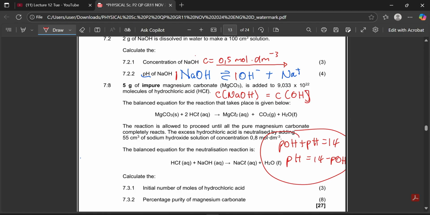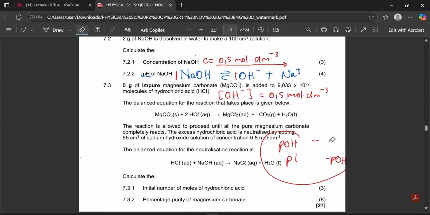Remember, if it was with the number of moles, then you would say that the number of moles of sodium hydroxide equals the number of moles of OH minus. But in this case, we're looking at concentration. So I can conclude that the concentration of OH minus equals the concentration of sodium hydroxide, which in this case was 0.5 moles per cubic decimeter.